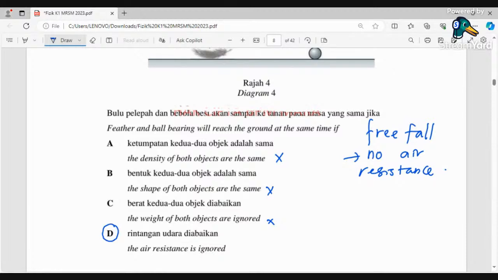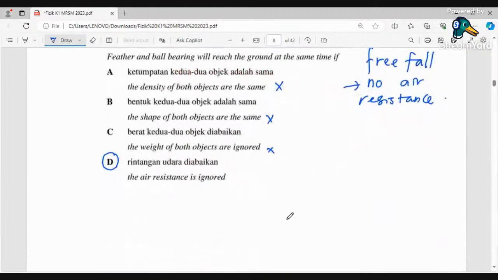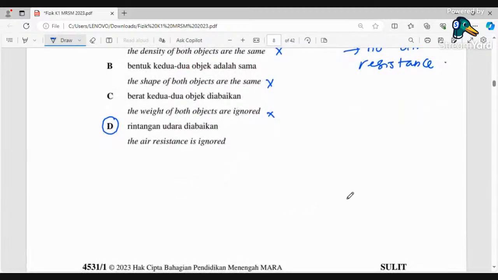Means the only force that acts is the gravitational force, which is the mg. And we know that acceleration due to gravity does not depend on mass.